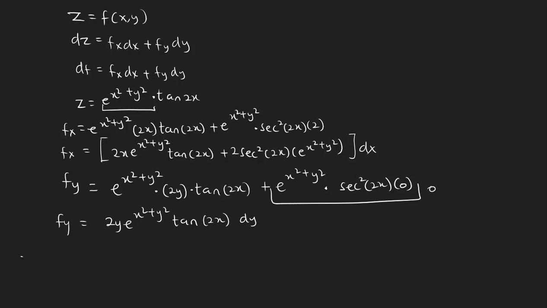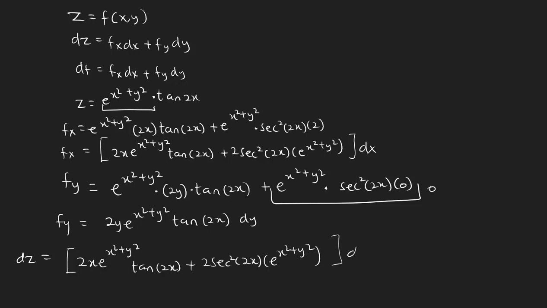So we are going to have dz to be the sum of fx and fy. You're going to have 2x e to the power x squared plus y squared multiplying tan of 2x, plus 2 sec squared 2x multiplying e to the power x squared plus y squared.